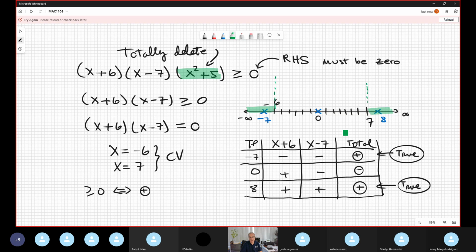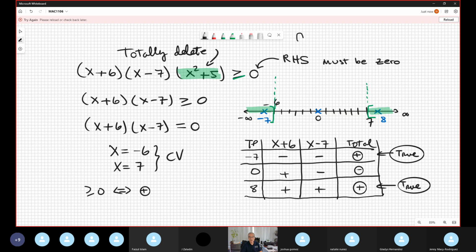Same behavior you can obtain if you have negative 8 or negative 9 or negative 100 or positive 8 or positive 9. So now it's not important. Now I highlight. Okay, include or not include the endpoint. Include 6 and 7? Of course, yes, include. How do you know? Include because it's equal. The endpoint, the critical value, is inside the solution. Not always, but in this case, yes.